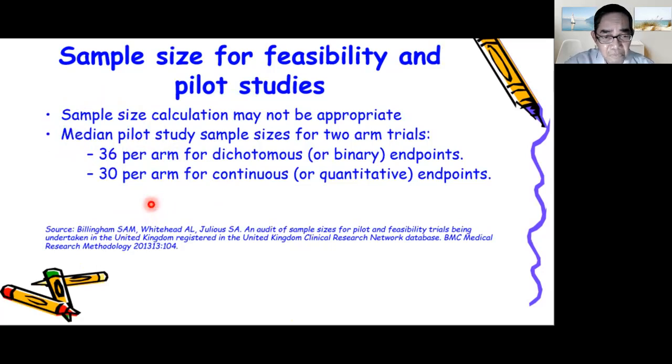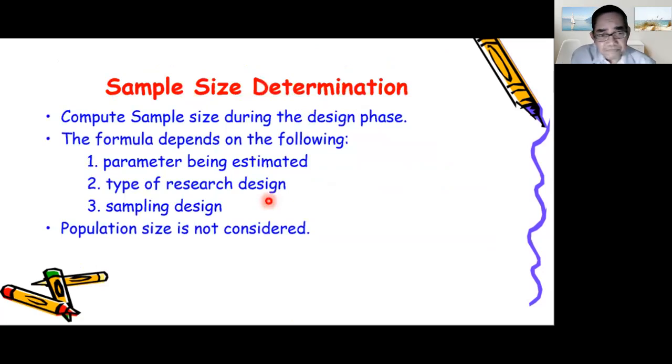You can have more or less, but really for pilot studies, we don't need to calculate the sample size. But if you want to, you can use these arbitrary numbers. As I said, pilot studies don't intend to generalize results, and that is why we don't really calculate the sample size for pilot studies.